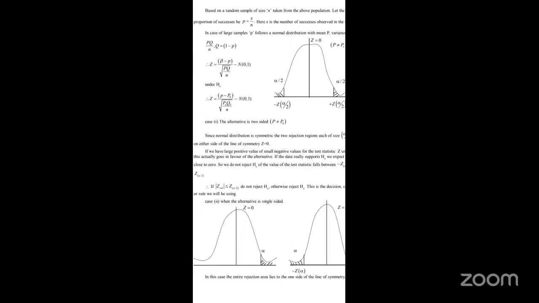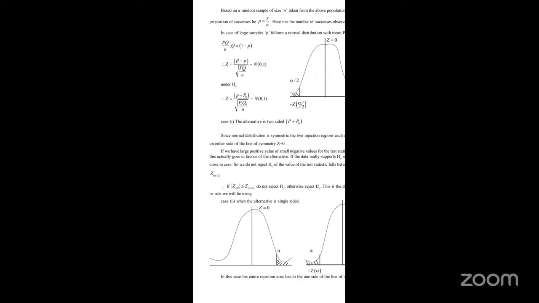If the data really supports H naught, we get a value close to 0, so we do not reject H naught. Otherwise, if the calculated Z is less than the tabular value, accept H naught; otherwise reject H naught. This is the left tail, and this is the right tail.